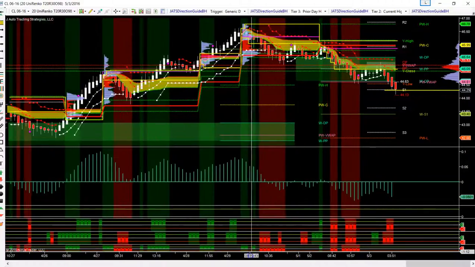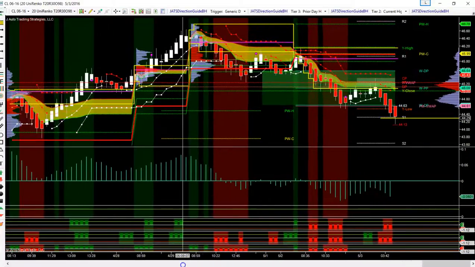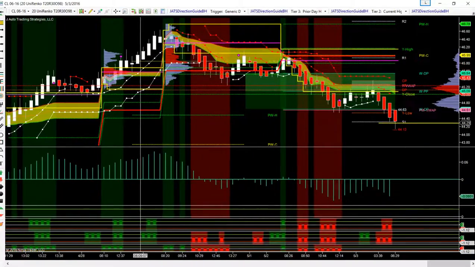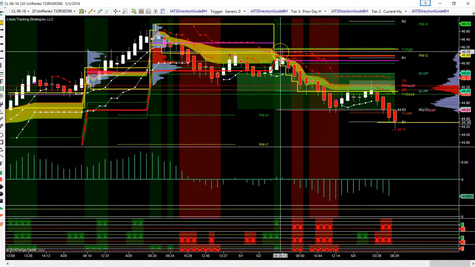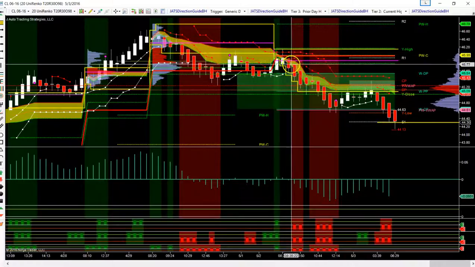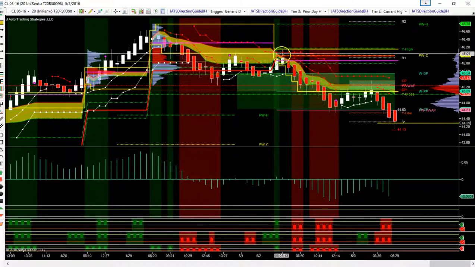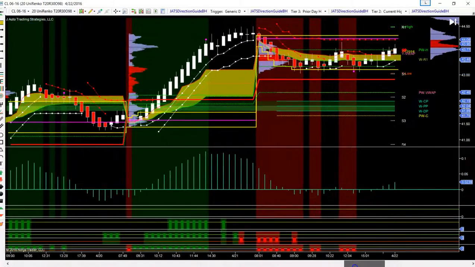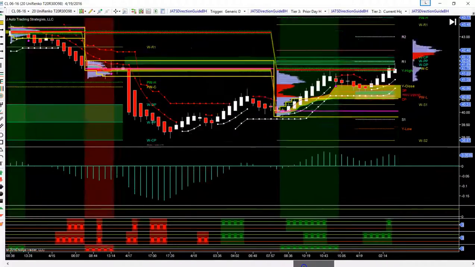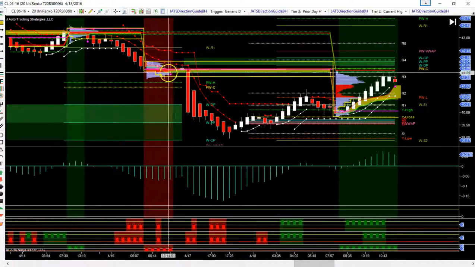And speaking of these volatility levels, there's no better place to take a trade than when price backs up to it and then turns around. You see these wicks showing the distribution on the upside.